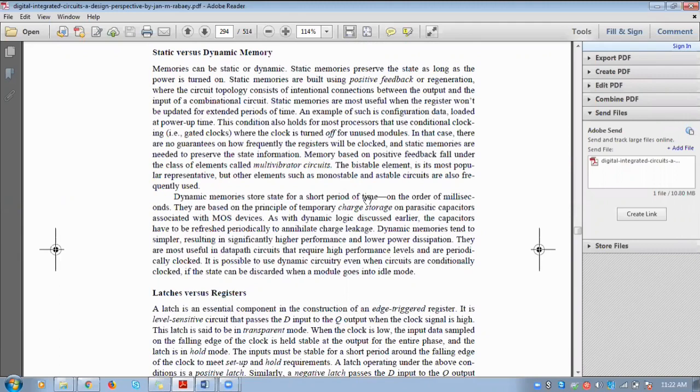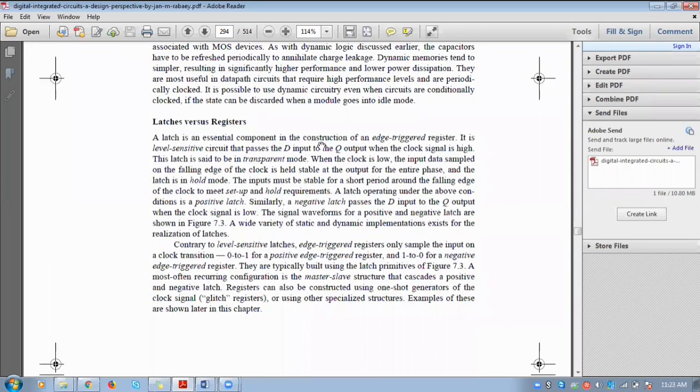But in volatile memory, the data will be available only for a short span of time while the supply is there. When the supply goes off, you won't have any valid data inside the memory. That type of memory is known as volatile memory.